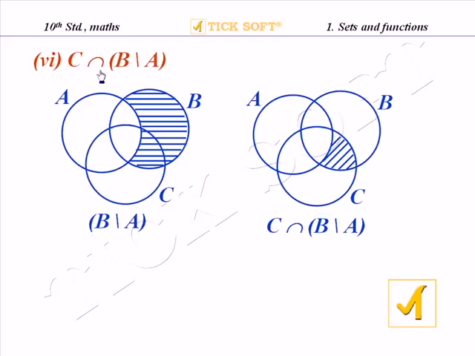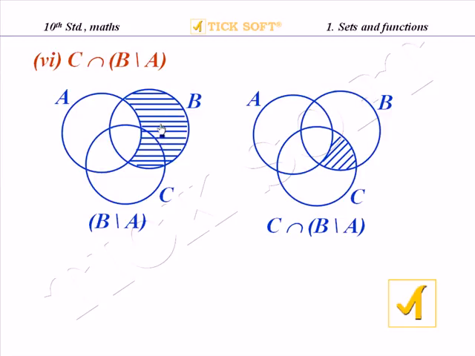Next, C intersection B difference A. So first you need to find B difference A. B difference A means from B you have to subtract A parts. So A part is this one and this one. You have to remove these, and all other portions in B you are taking.